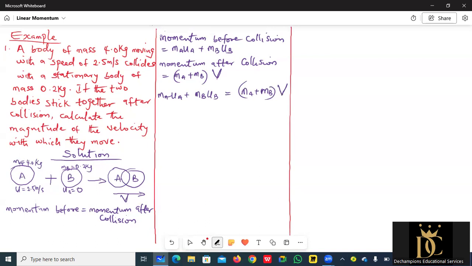The common velocity with which the two bodies move after sticking is what we are asked to find.